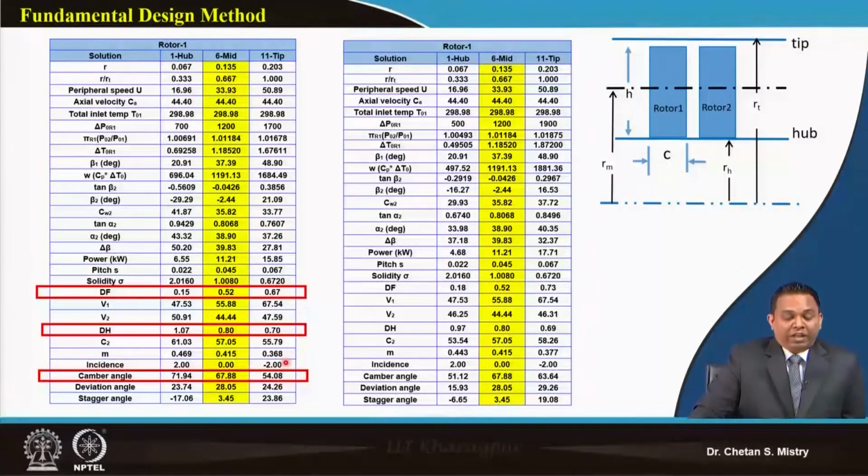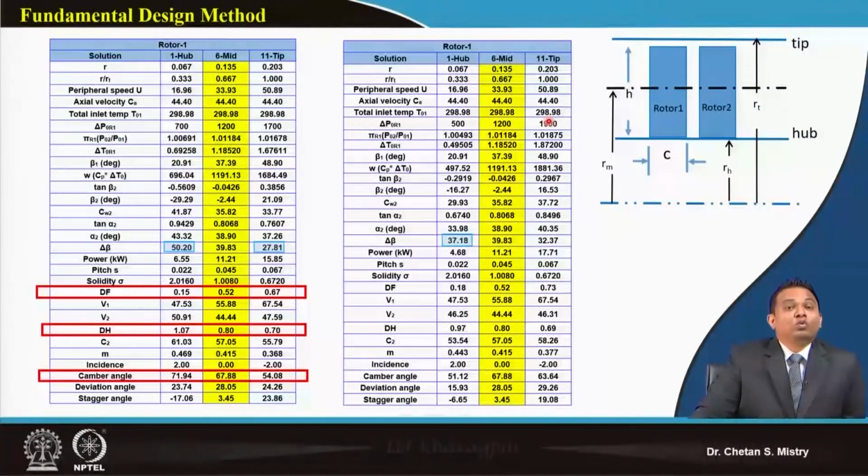Let me tell you what exactly is the purpose here. This is our final design sheet. What have we assumed? At the hub, we assumed the total pressure rise expected to be 500 Pascal. Here it gives me 500, 1200 and 1900.